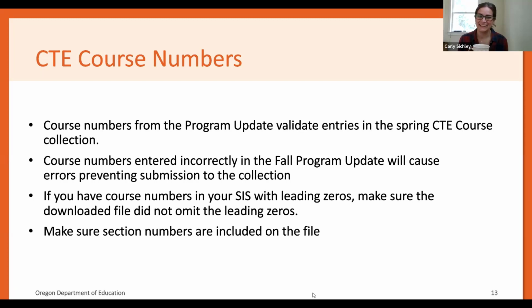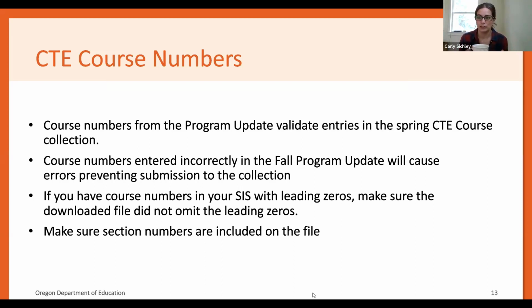Not the expert, but for section numbers, the reason they are important, if that's something your school utilizes, is that it helps differentiate if a student took a year-long course and that course shows up twice on their transcript with the same course number, on 2 lines because they are 2 different grading periods.